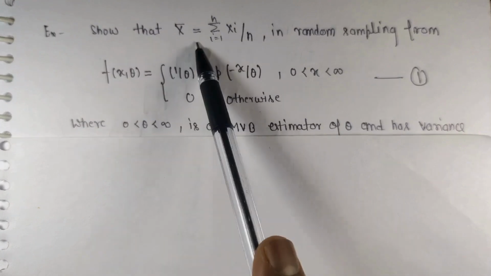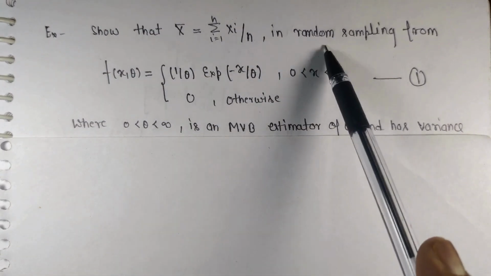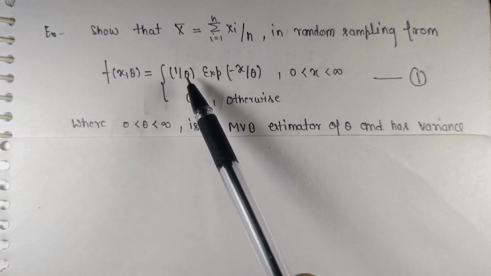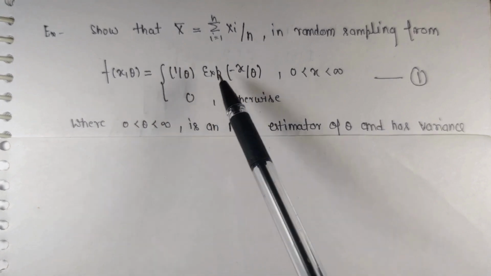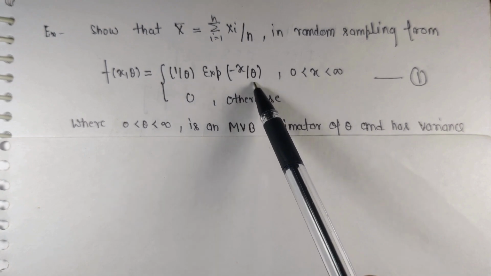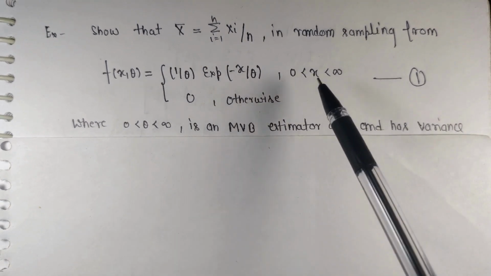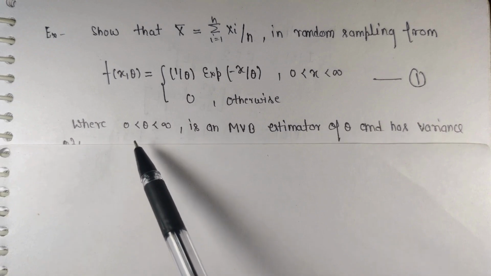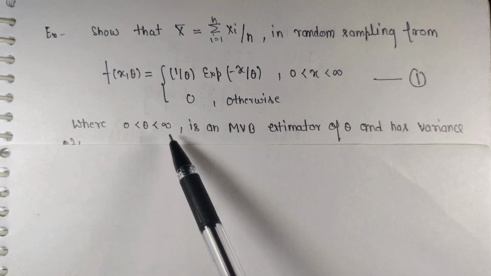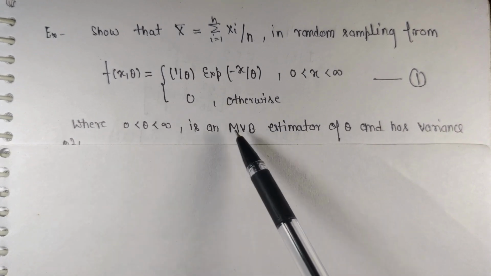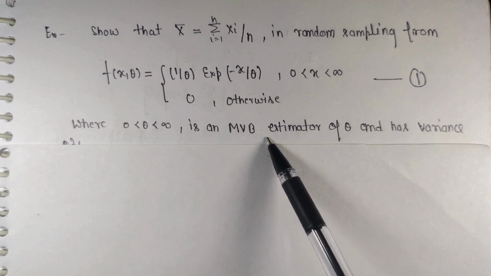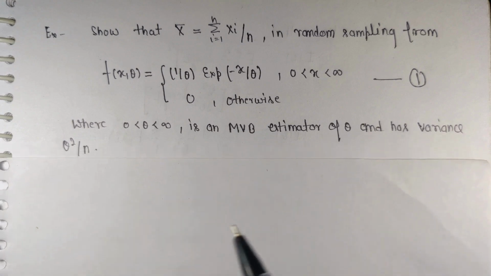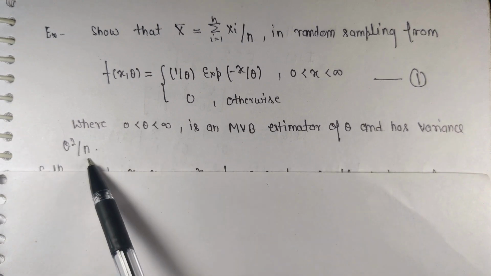to show that x bar, in random sampling from f(x, theta) equals 1 by theta exponential minus x by theta, where x lies between 0 to infinity and theta lies between 0 to infinity, is a minimum variance bound estimator of theta and has variance theta square by n.